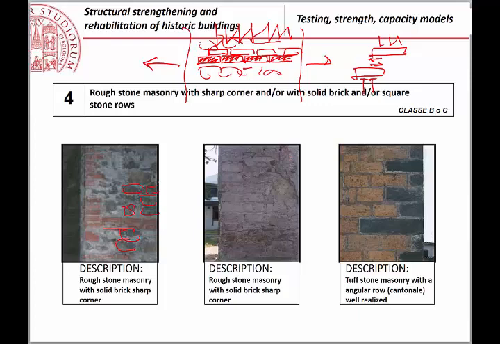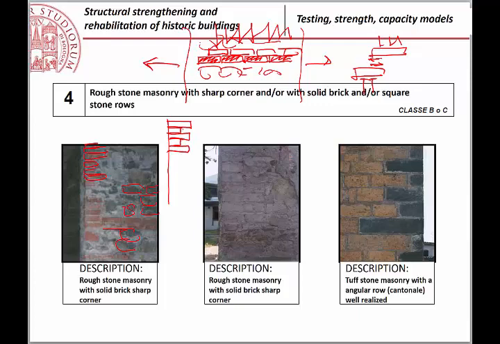Those are blocks that are cut from the mountain. But when you arrive at the corner, it is very well realized with artificial bricks. And those artificial bricks, you see that when it is very well realized, one is long, one is short, the other one is long, this one is short, etc.